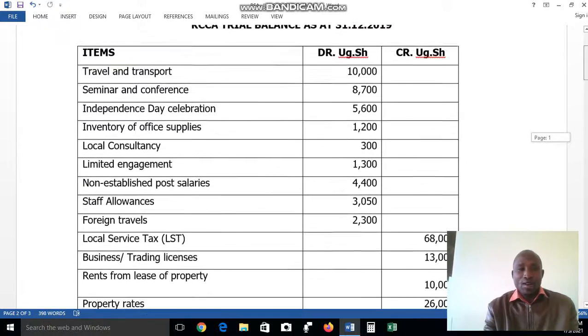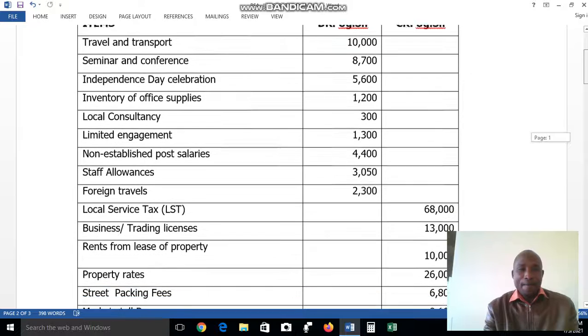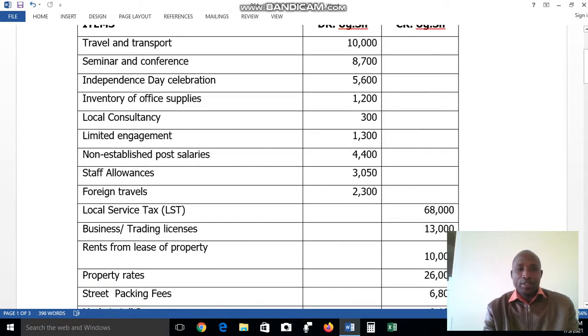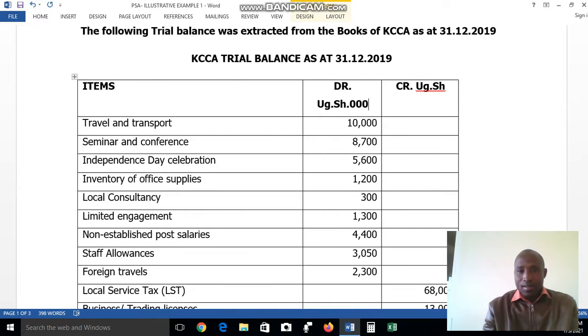We have to go and look for them. You see, inventory of office supplies, 1,200,000. In other words, this trial balance is in thousands. Even here, it is in thousands.